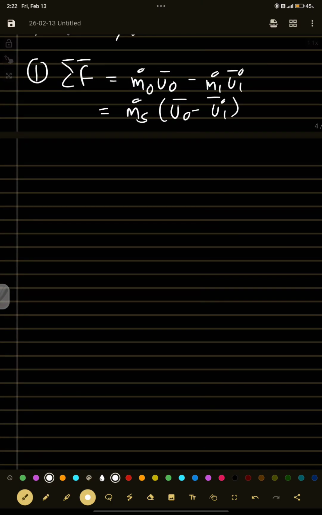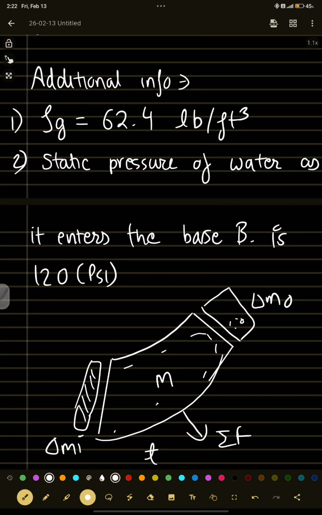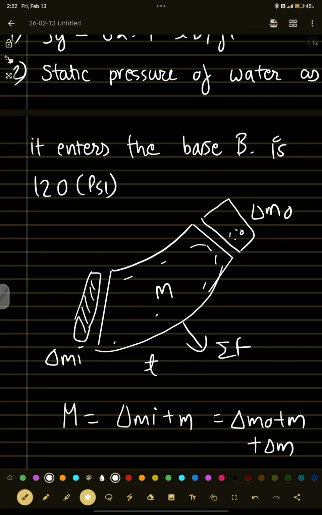Similarly, for such systems, you can also have angular momentum conservation. If the inlet speed UI you know and there is some UO, you can take moment about a fixed point O, having some d1 and some d2.